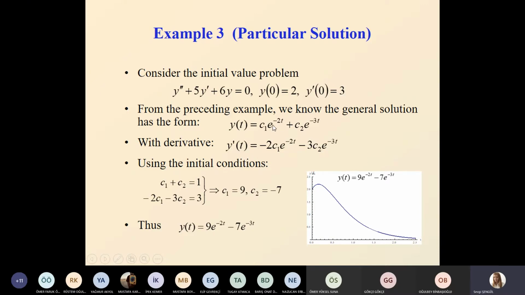And let's do that. e to the 0 is 1. So we have C1 plus C2 equals, it should be 2. There is a mistake in what I wrote, sorry. And minus 2 C1 minus 3 C2 should be 3. And if that's the case, you can see that C1 and C2 are like that.